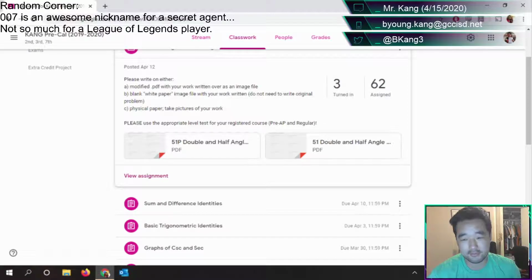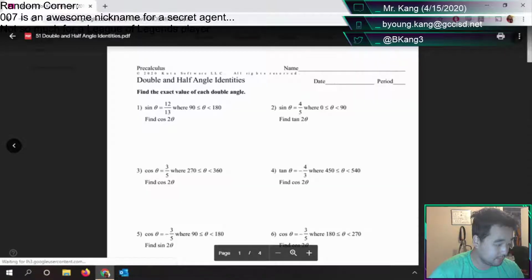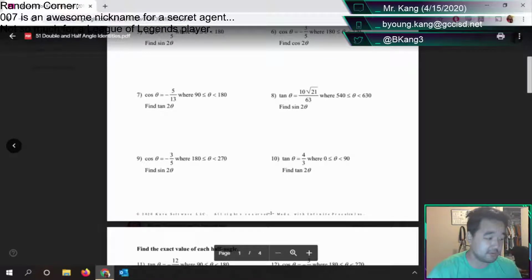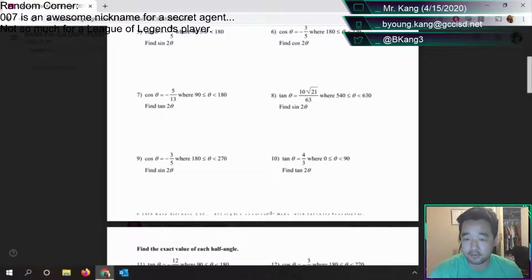I think the method still applies to the pre-P version, but right here, the question was specifically on number 8, but you could do any other problem similar to this if you want. You've got tangent, which of course we have a square root, so it's going to make the number weird, but also the angles that it's asking you for is between 540 and 630, which is not on your standard angles from 0 to 360.